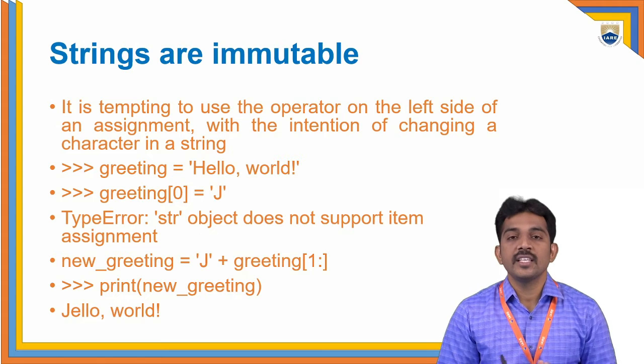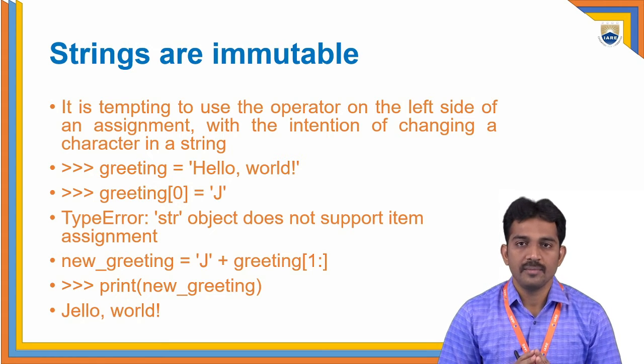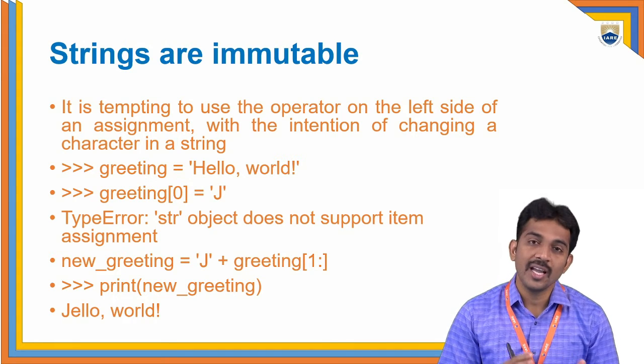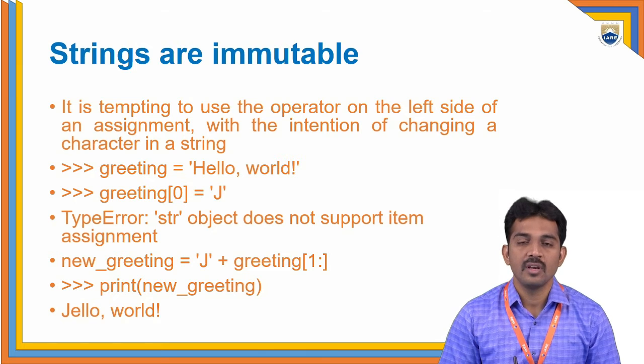The point is, strings are immutable, which means you don't have permission to change the string. If you want to change anything, you should create a new string. By creating the new string, you can do anything with strings.